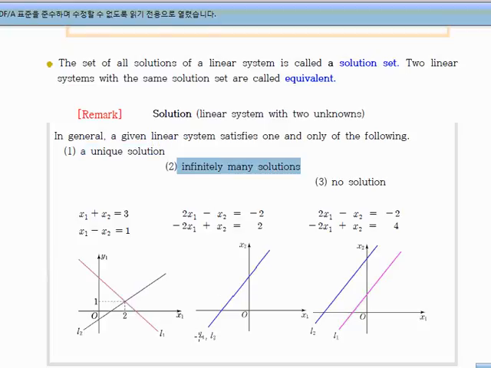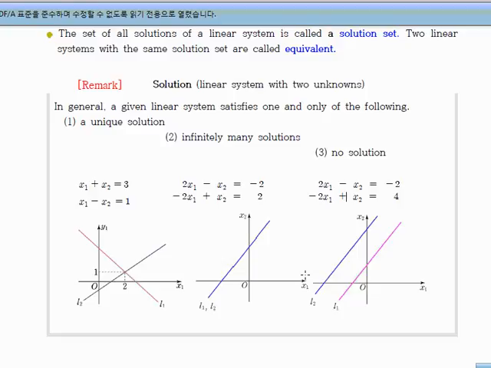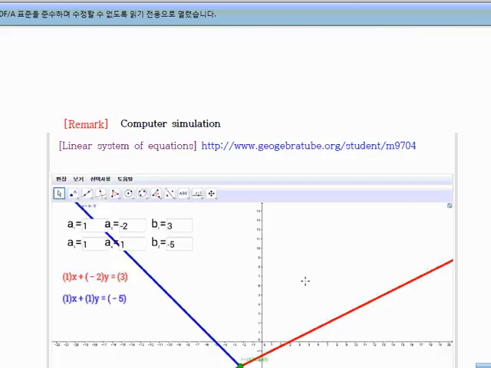It's an overlap, the same equations. Basically, these two equations represent the same line, so it has infinitely many solutions. Or no solutions like this. It's parallel, then it has no solutions. There are only three cases, and they are all. There are no other cases for a linear system of equations of two variables.